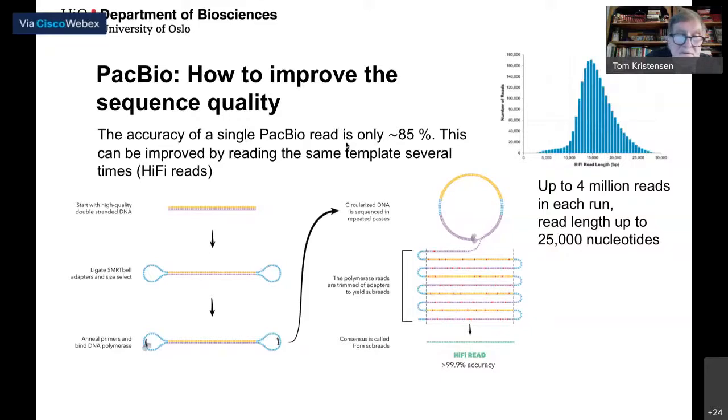And the accuracy they claim for this hi-fi technology, which is used in the Parkview instruments these days, is 99.9%, which is more or less the same accuracy as you get from an Illumina instrument. Except that the reads are at least 100 times longer and even more than that.